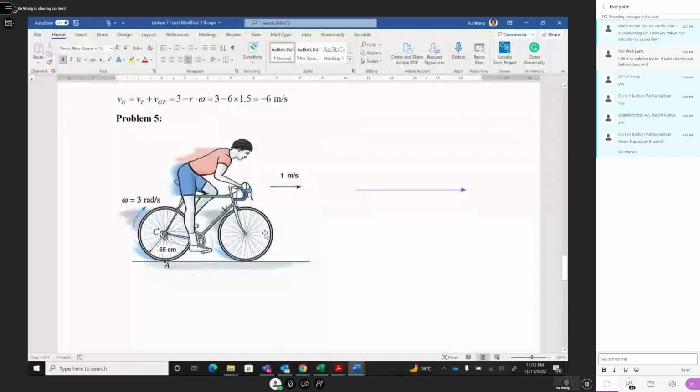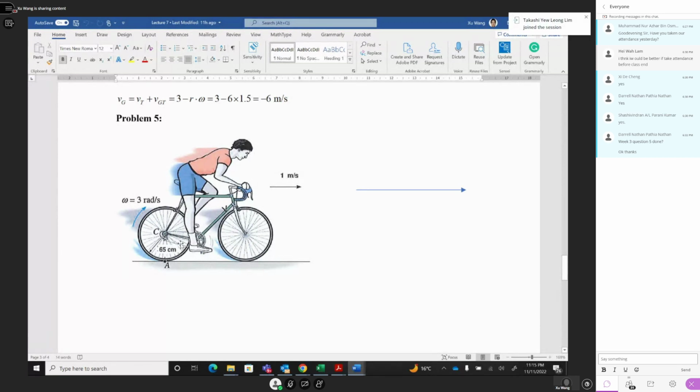The last one is the bicycle moving at 1 meter per second in the positive direction. However, the bicycle has another wheel, a rolling wheel. Ideally, if this point is without slip, they have pure rolling, and this is the rotation center. So omega multiplied by this radius gives this speed.